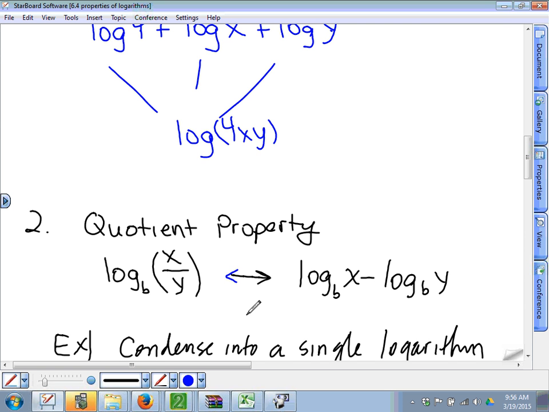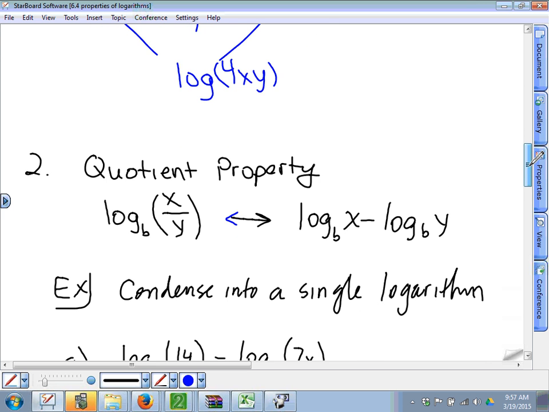So if you're taking the logarithm of a quotient, you can expand that with a minus sign. You can go both ways. You can either condense 2 into 1, or you can take 1 and expand it into 2.